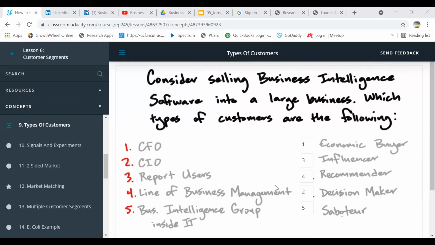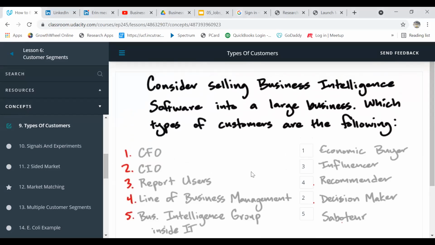Sometimes the hierarchy behind the scenes isn't obvious, so you've got to ask pointed questions in your customer discovery around the budget and purchasing cycle. That's what this highlighted for me.